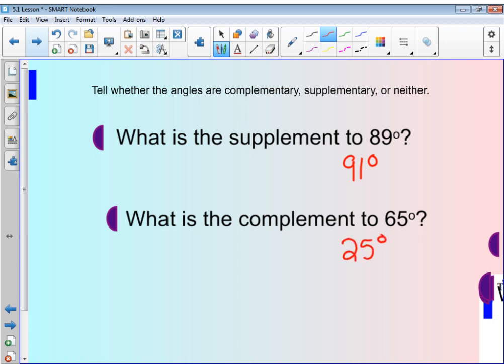Okay, so once again, working on those words, remembering that supplement starts with an S and you can make an 8, so that's the 180, and complement starts with a C, so it creates a 9, so it's a 90-degree angle. You should have gotten 91 and 25 on each of these.